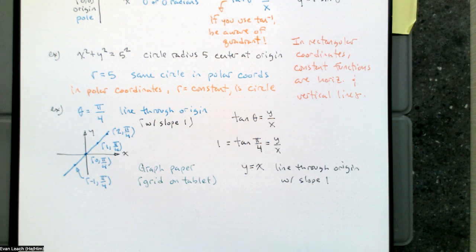So we're going to get a different looking grid, because the grid on graph paper, on the grid setting, is just all your constant values. X equals 0, X equals 1, X equals 2, X equals 3, Y equals 0, Y equals 1, Y equals 2, Y equals 3. So your grid looks very different because your grid is made up of constants.